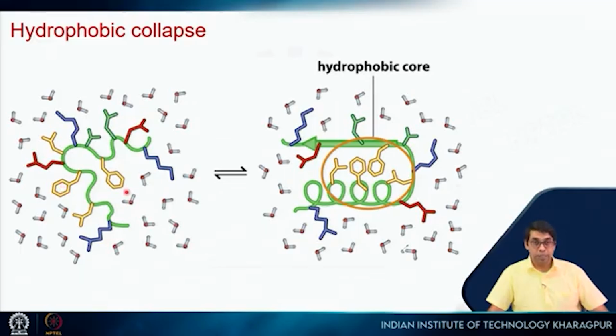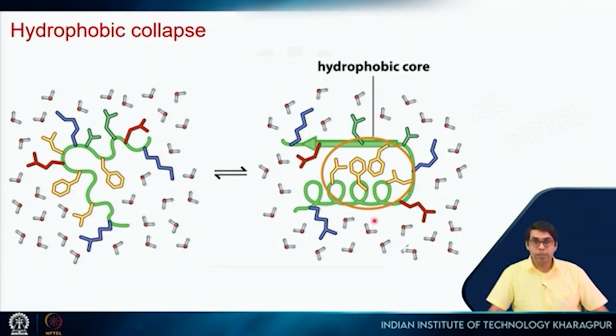They like to interact with each other, which is energetically favorable. So driving out of water molecules and interaction of these hydrophobic residues is called hydrophobic collapse, and that drives the protein folding. The protein will not sample all possible conformations. It will quickly go from this to this because of hydrophobic collapse, and we will have this final folded form.